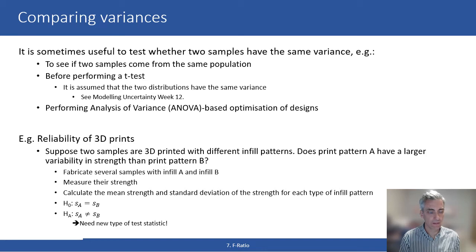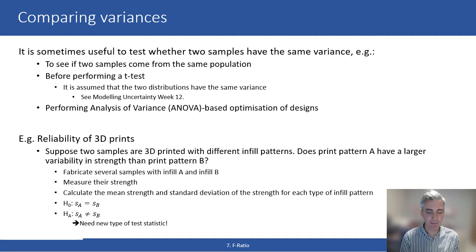We could take a sample of the resistors we're manufacturing, calculate the variance in the resistance of this sample, and then do a statistical test to see whether it's equal or not to 10 ohms. For that, we would use a chi-squared test.